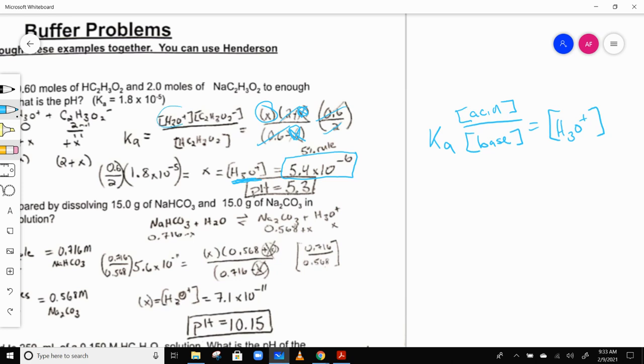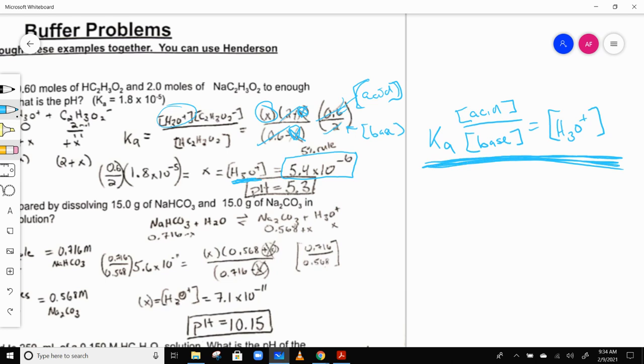And then in order to solve for this, we do the acid, this 0.6 is the acid. And this 2 is the concentration of the base. Okay, so we could have skipped all this stuff here. We could have skipped everything and just gone right to this equation right here. Okay, so this is one equation we can use.